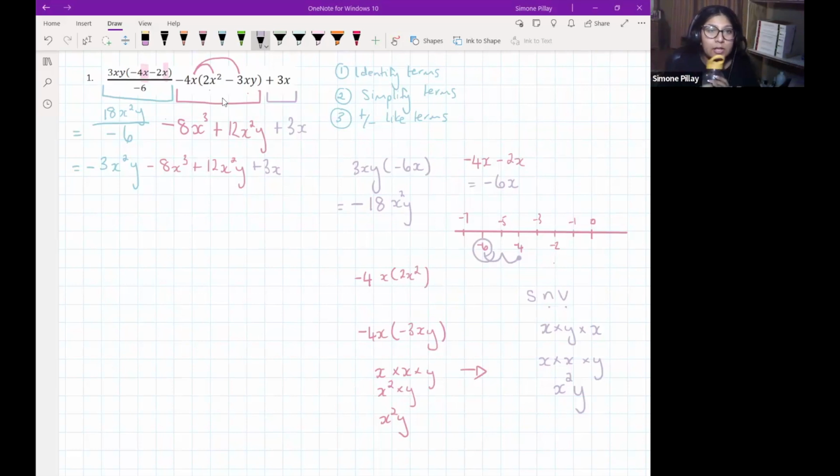Where did I make a mistake? 8x cubed positive 12. Negative 3x squared y. Oh, I think earlier you were telling me my like terms. Itandile, I did see you said I made a mistake.